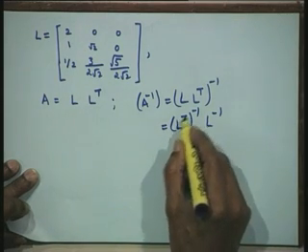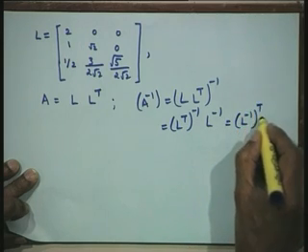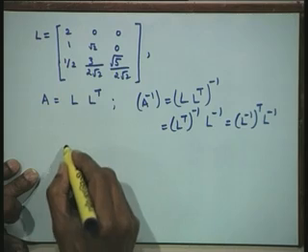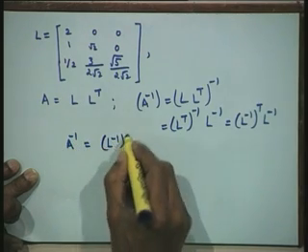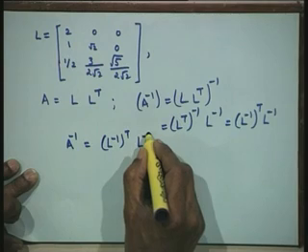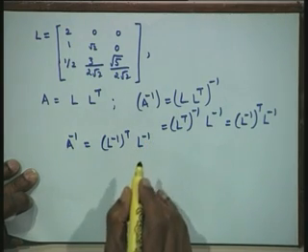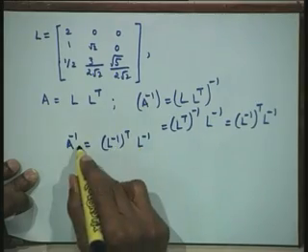Now transpose and inverse can be interchanged, so I will write down L inverse transpose L inverse. Therefore our A inverse is simply L inverse transpose L inverse. Therefore I need to get L inverse and then transpose it here and multiply to get my A inverse.